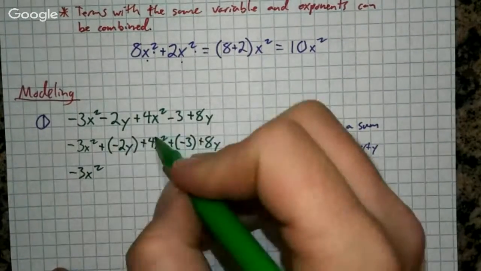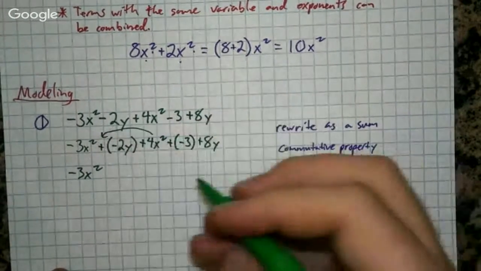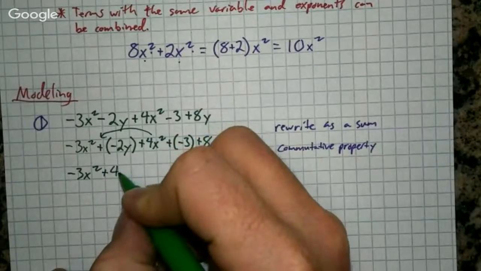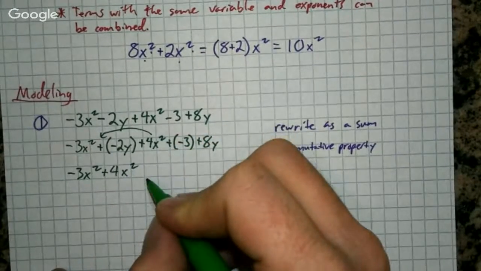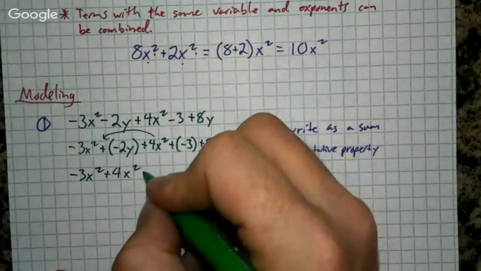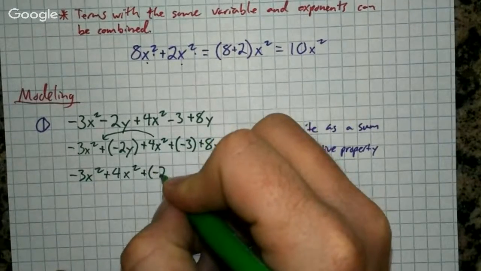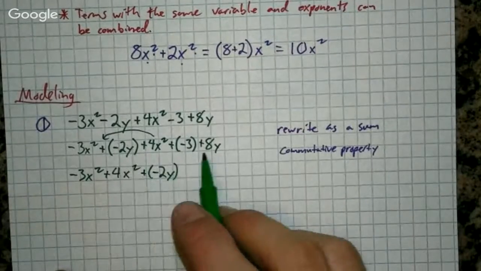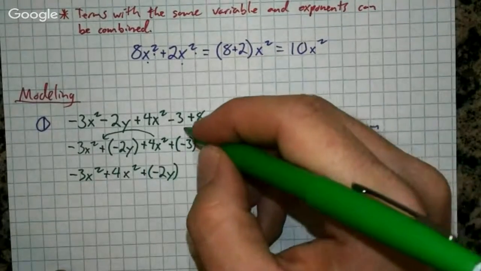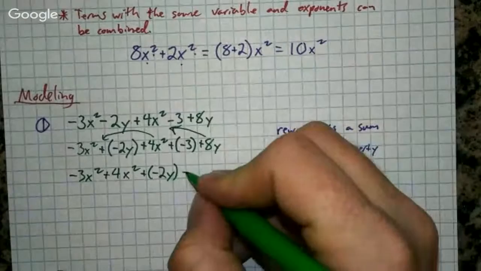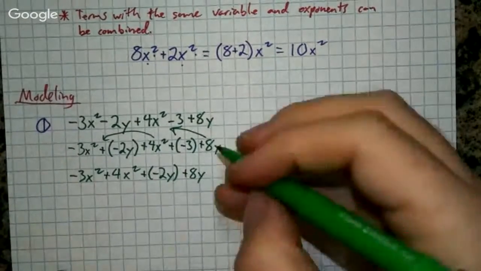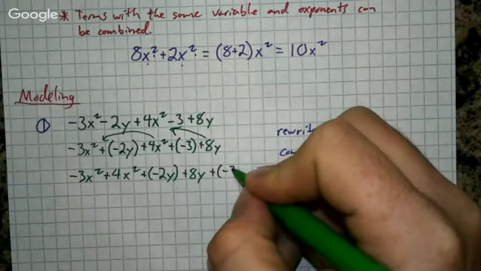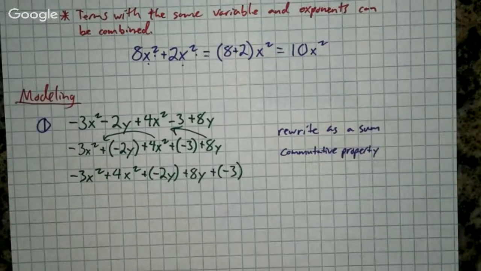Oh, it's right there. So I'm going to take this and move it closer. Plus 4x squared. Now what's next? Plus negative 2y. And is there any other term with y? Yes, at the very end. So we're going to take this and move it up too. Plus 8y. And then let's put the last bit on the end, negative 3.